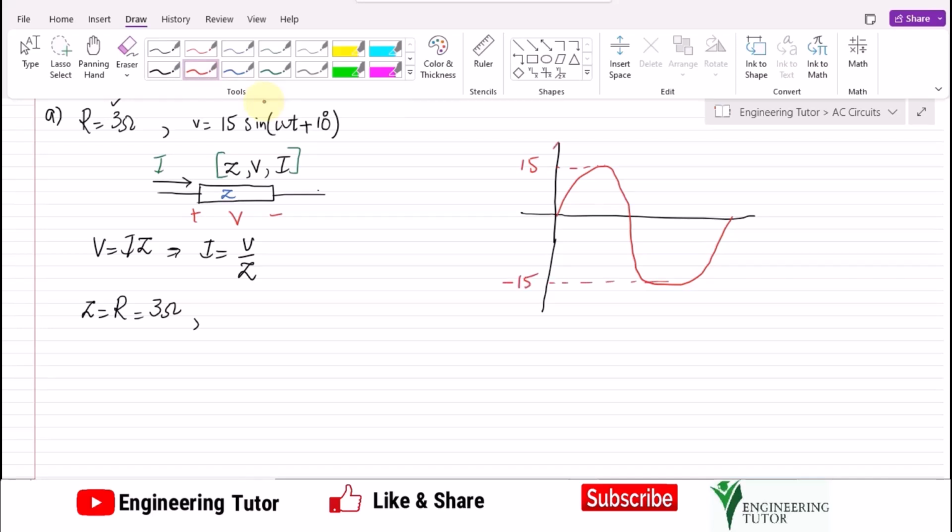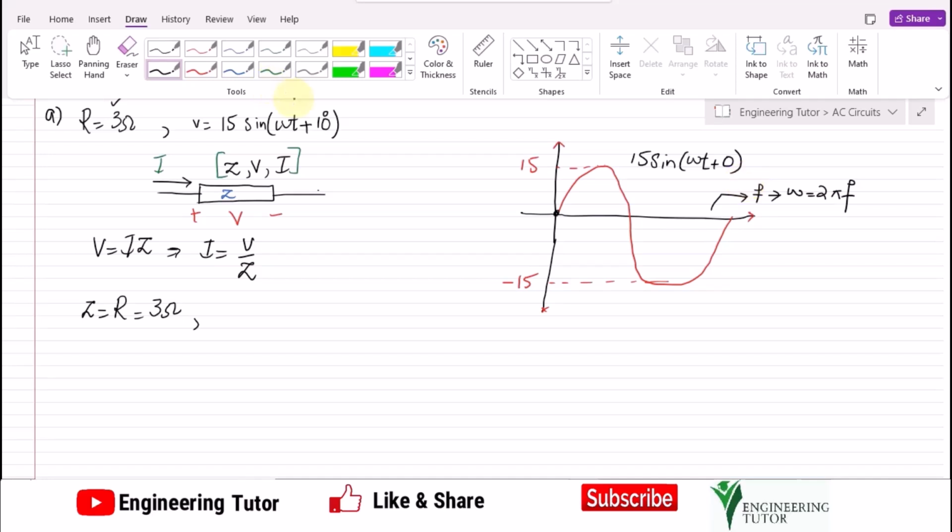So that is the amplitude axis, while this is the time axis. This is the voltage waveform, 15 sine of omega t plus 0 degrees, because it is the pure waveform starting from 0, with the frequency f, such that f is converted into 2 pi f.